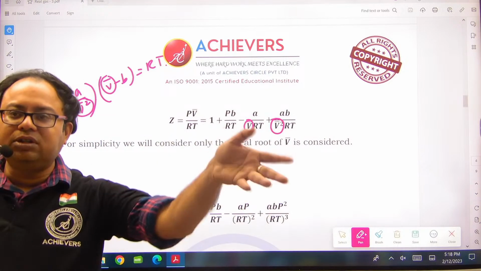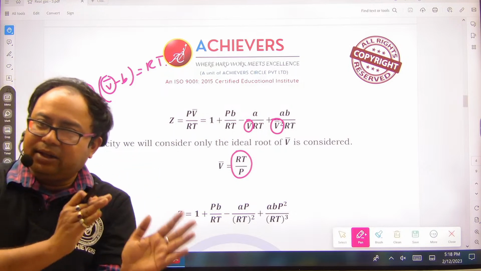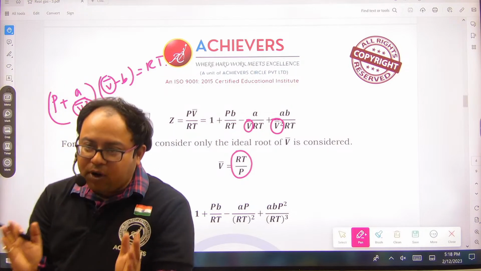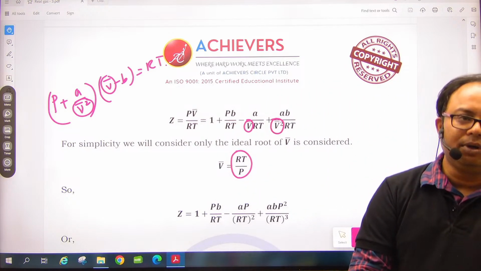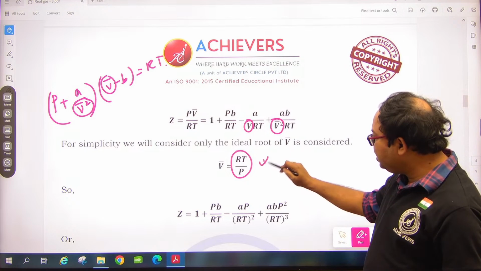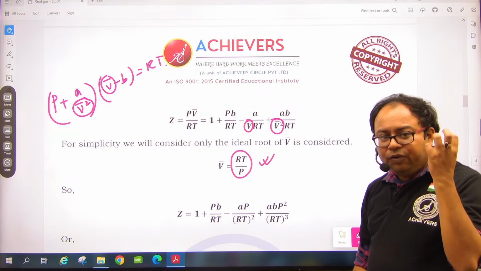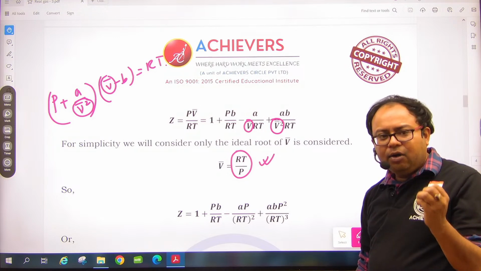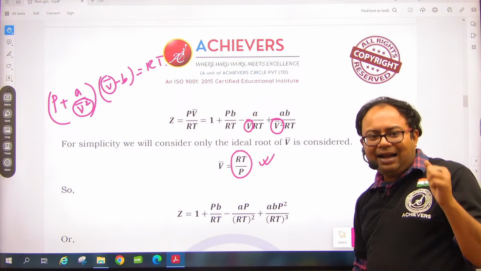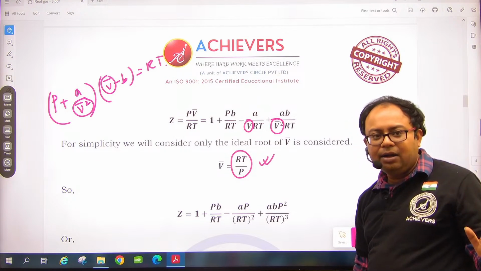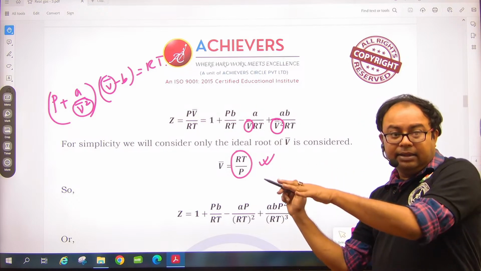because the other roots are very complicated. So we are not indulging the other roots over here, and we are just focusing only on the basic fundamental ideal root, and the fundamental ideal root is RT by P. So we will just use the ideal root over here. Obviously this is an oversimplification and it infuses a bit of error, but we can neglect that error at this particular level.